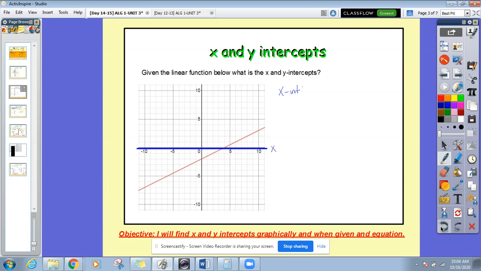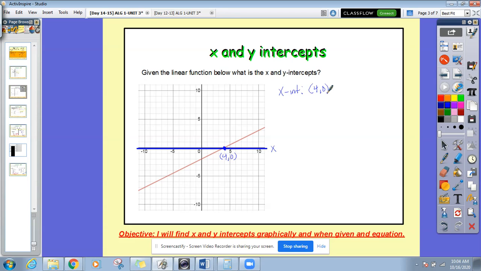The next thing we're going to do is we're going to say, where does this red line touch the x-axis? So if I look very carefully, you can notice that the function intercepts or touches the x-axis at this point here, which is (4, 0). So since it intercepts the x-axis there, we can say that the x-intercept is (4, 0).